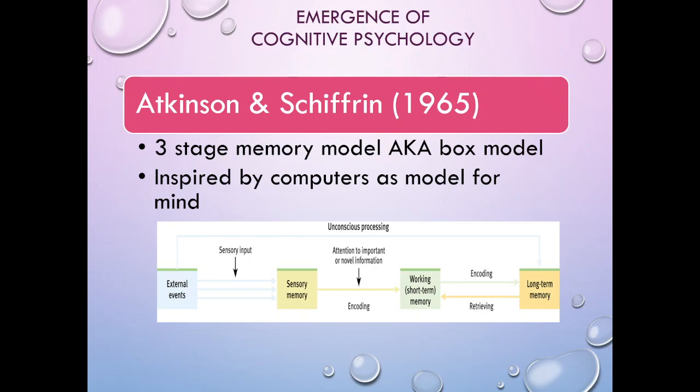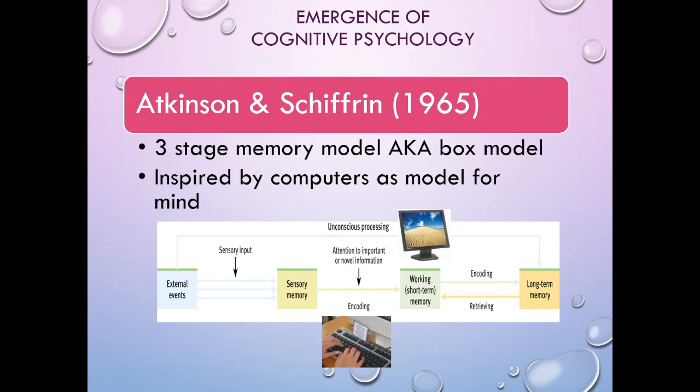And so you can kind of imagine in modern times that between sensory memory and working memory is the encoding process. And for a computer, that would be typing into it, right? You'd be typing, or you'd be putting the computer punch card into it, or you'd be flipping those switches on the front of it. But in some way, external events are being transferred into the short-term memory of the computer.